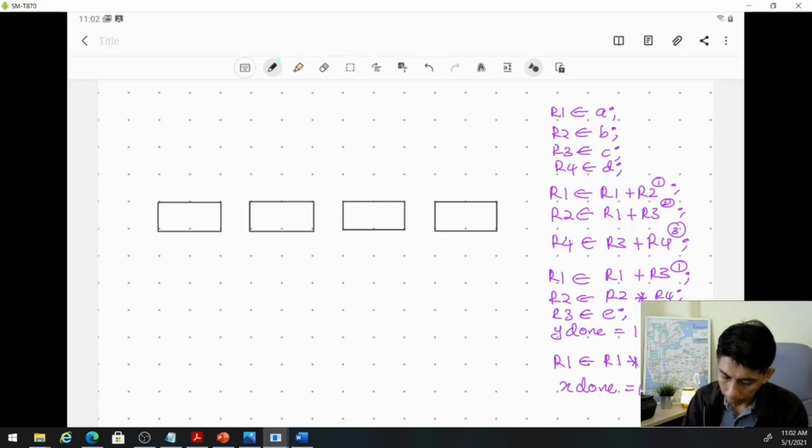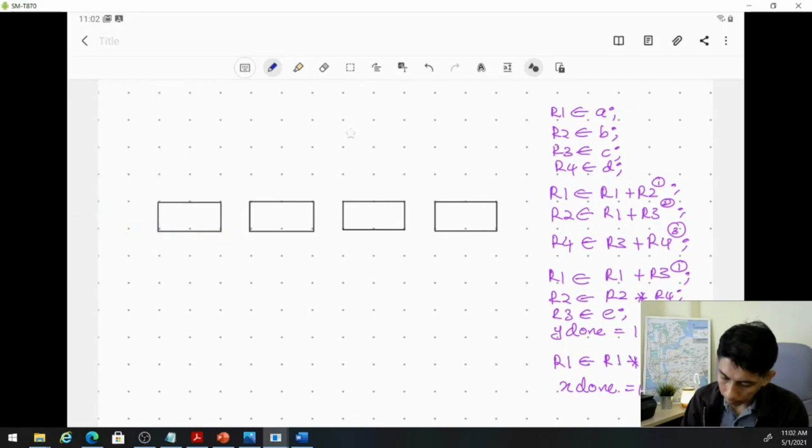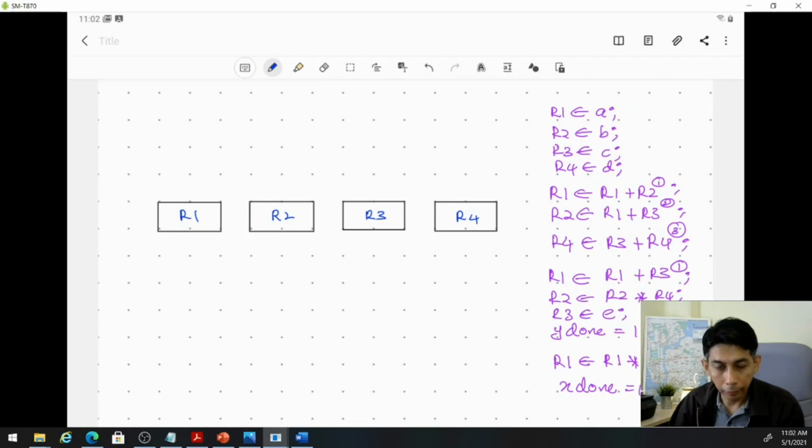And this is R1, R2, R3, R4. And how many operations do we have here? We have 3 adders, adder number 1, number 2, number 3, and we have 1 multiplier.